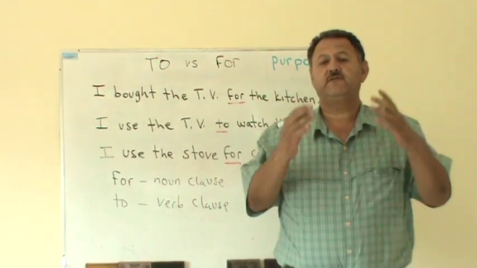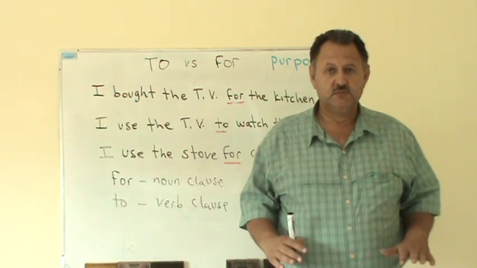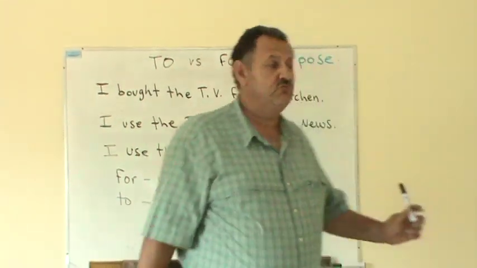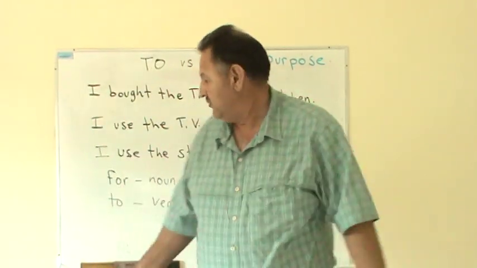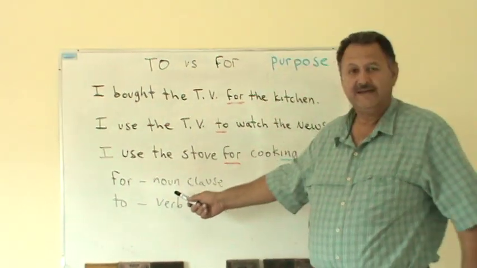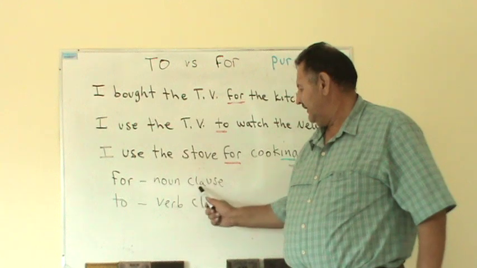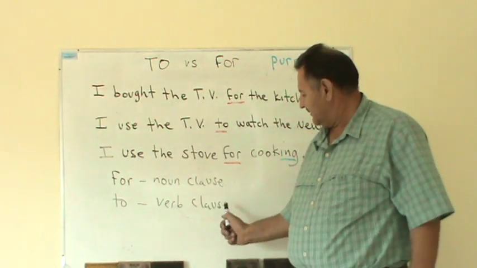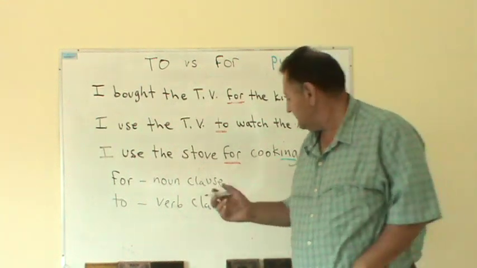So when do you use "for"? When do you use "to"? We use "to" and "for" to express purpose. Now, "for" is used with a noun clause, and "to" with a verb clause. What is a clause?